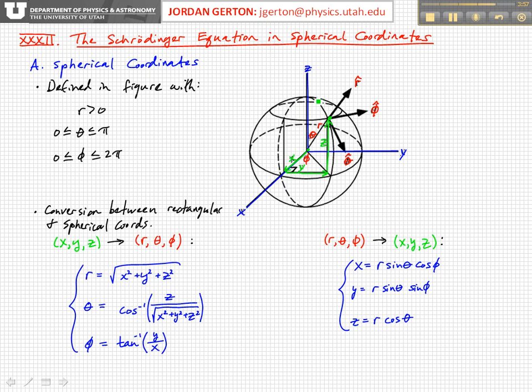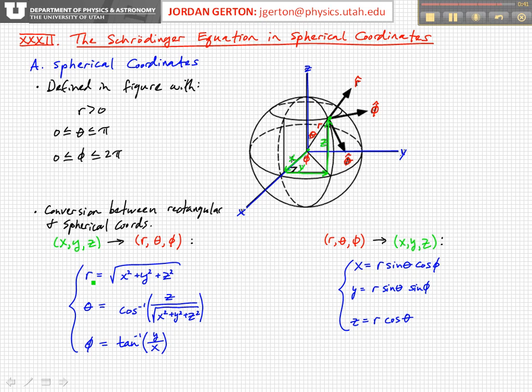We have an angle theta, which is again with respect to the z-axis, and then an angle phi with respect to the x-axis when you drop a vertical line onto the xy plane. Okay, so that's basically how you define polar coordinates. Hopefully you all have seen that. That's kind of a review.